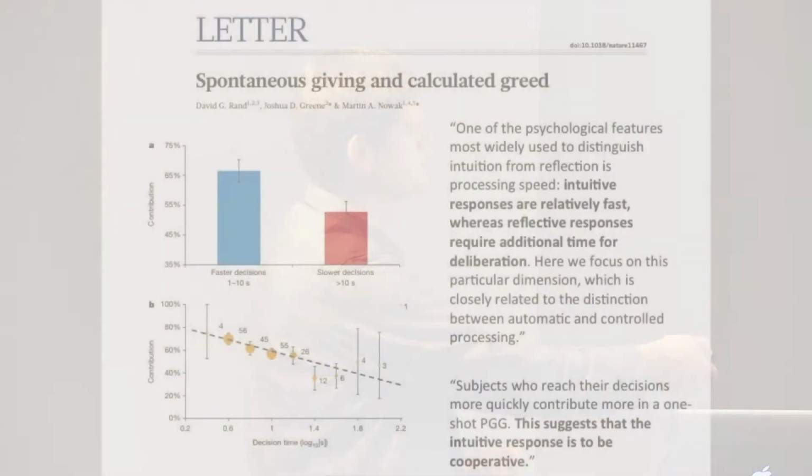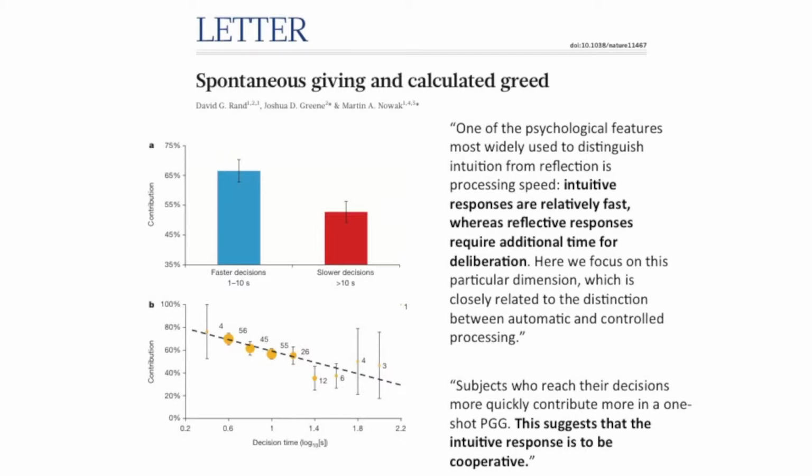From these data, Rand and colleagues concluded that subjects who reach their decisions more quickly contribute more in the one-shot public goods game. This suggests that the intuitive response is to be cooperative. Okay? And this paper has touched off a whole swath of new papers, tons of working papers that are popping up, that are looking at reaction times and arguing that, yes, Rand and colleagues are right, cooperation is indeed intuitive.